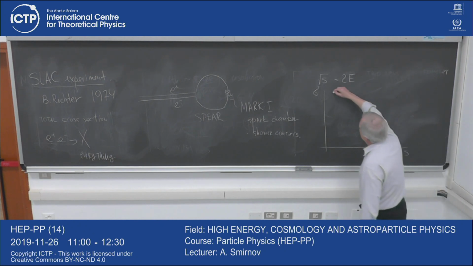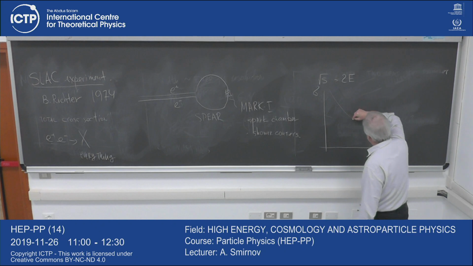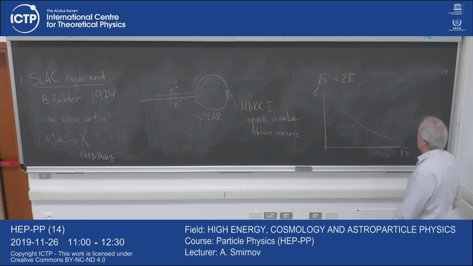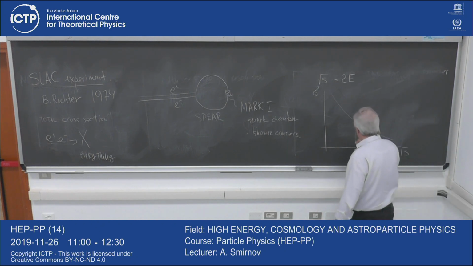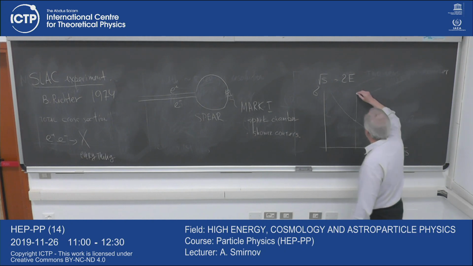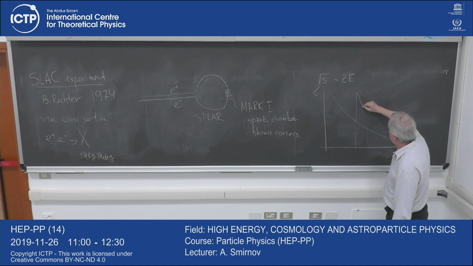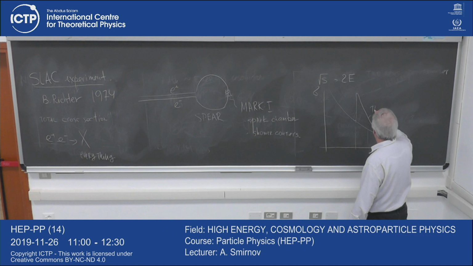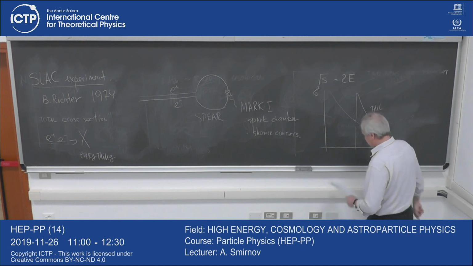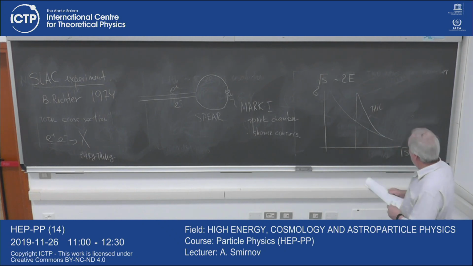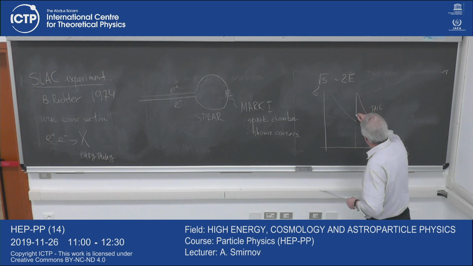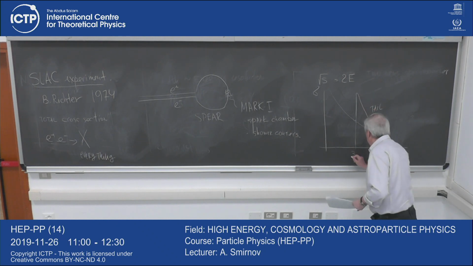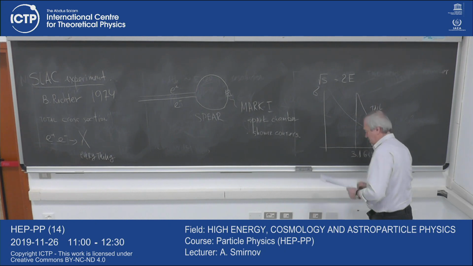Again, there was a background. But then starting from a certain energy, a peak appears of the following form. So it's a sharp increase, but then a long tail. And the beginning of this peak is at 3.1 GeV.